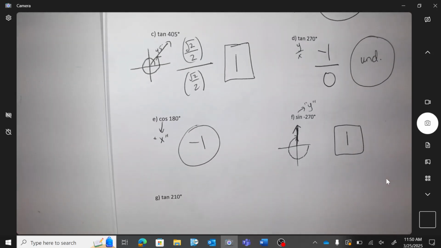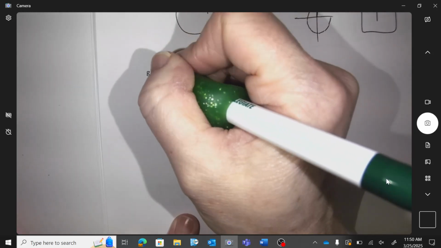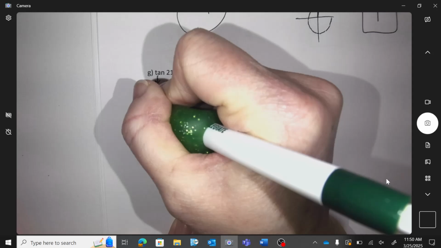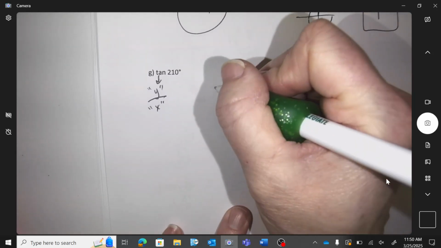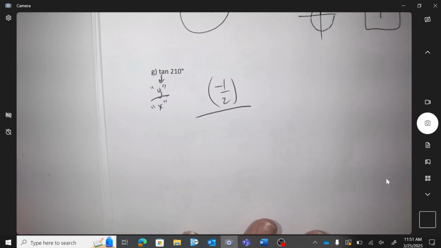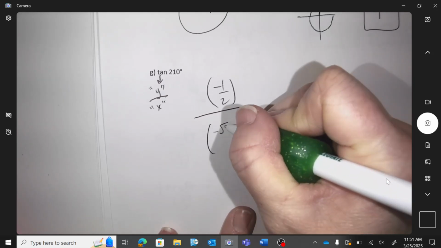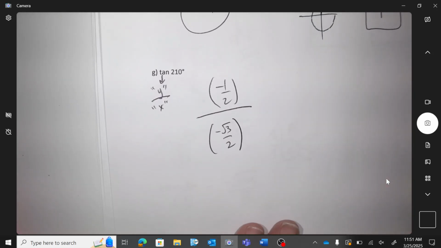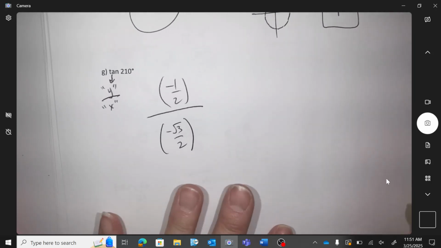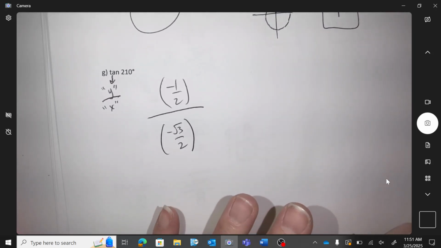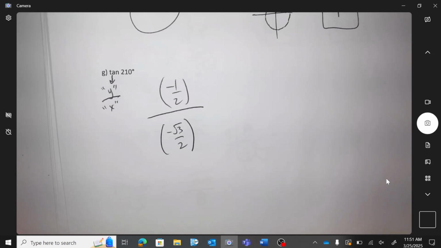Okay, final question. 210 and tan tells me to take the y value divided by the x value. That's what my process is. So 210, I got a y value, negative 1/2, divide by x value. Okay, one thing I know is my final answer is going to be positive or negative.